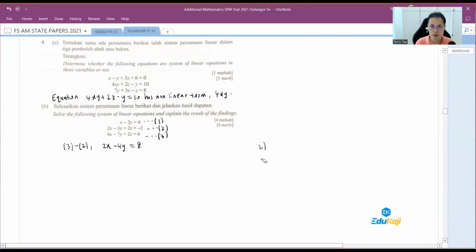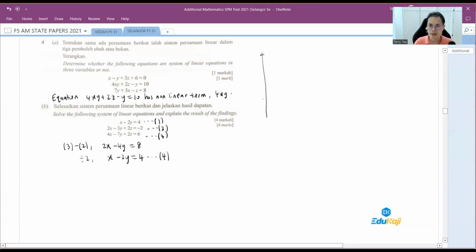Before we try to solve this by elimination further, just notice that this equation has 2x, this has 4x. I need to simplify further. I can take this equation and divide by 2. So x minus 2y is now 4. Notice that equation 1 and equation 4 are actually the same equation.